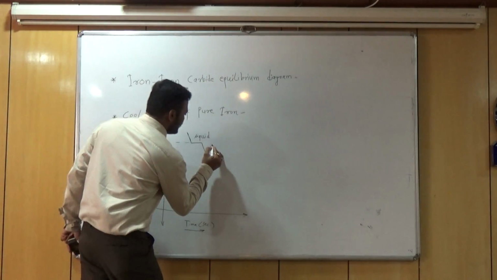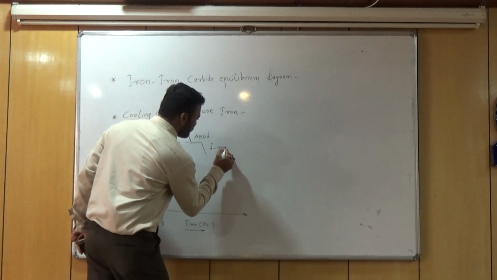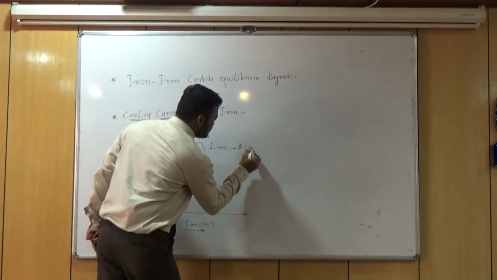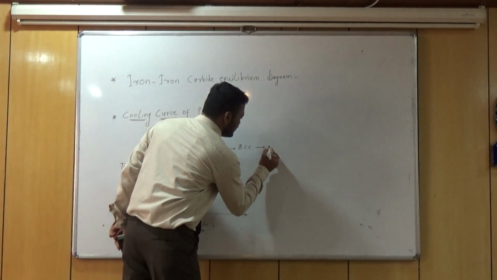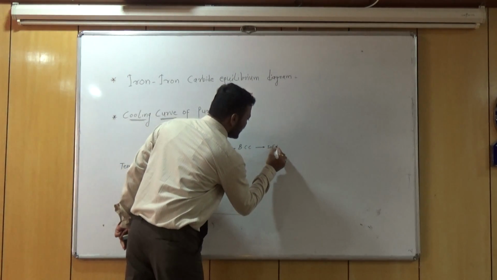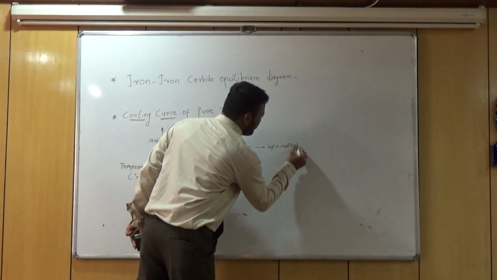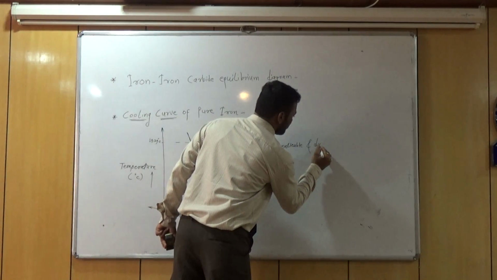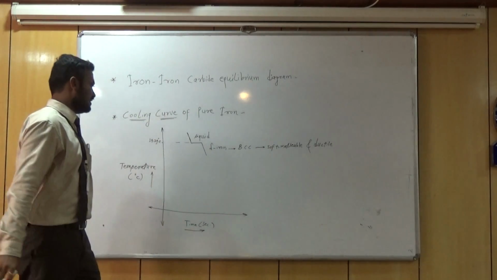then it will get transformed to delta iron, and this delta iron is having BCC crystal structure, and it will be a soft phase, that is soft, malleable and ductile.